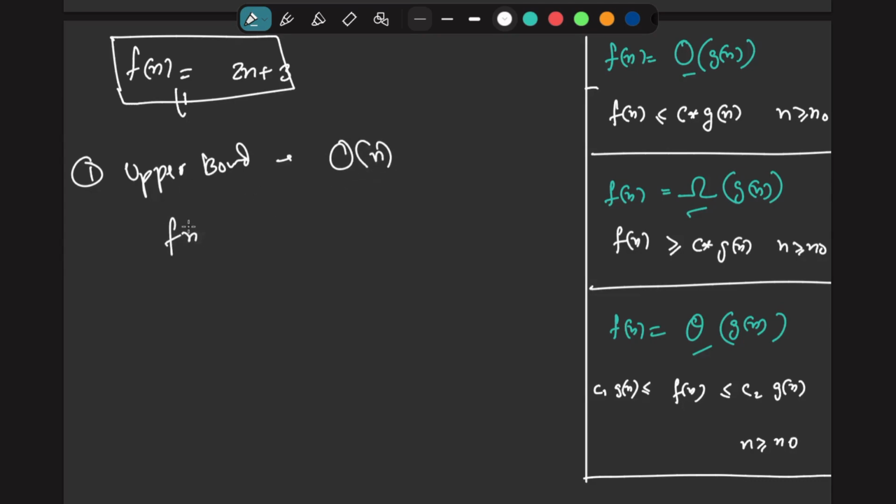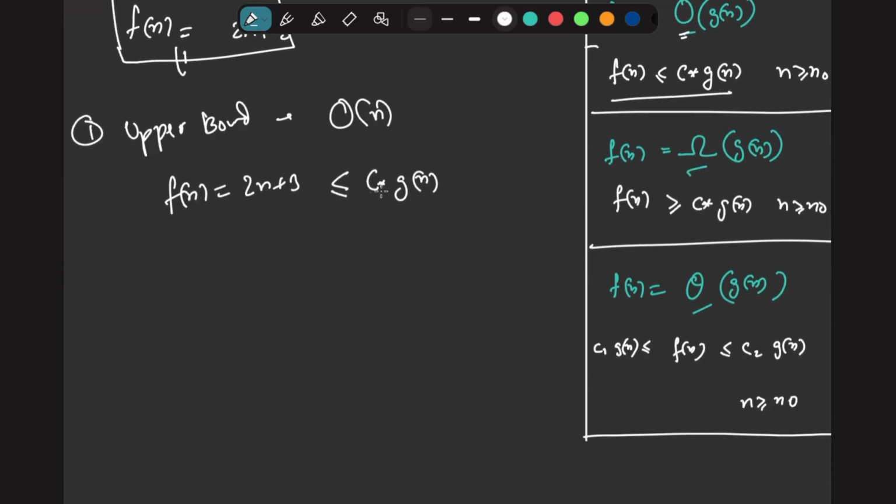So our function f of n is 2n plus 3, and for proving it as order of n, we need the definition: f of n should be less than or equal to constant times g of n. So we need to prove this function is less than something. We write 2n plus 3 is less than or equal to 2n plus 3n, replacing the constant term with n, so it is less than or equal to 5n. This is true.